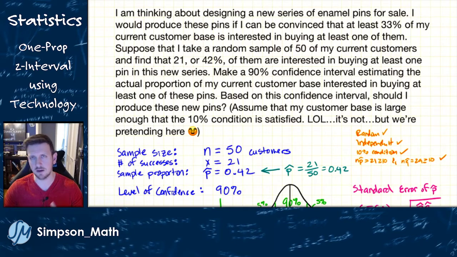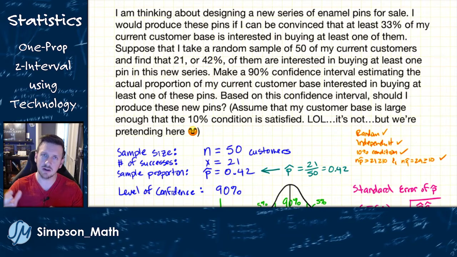Well, let me pause and give a little bit of where that 33% comes from. When we make these pins, there's something called a minimum quantity order, or MQO. And so we need to make at least 100 when we do.